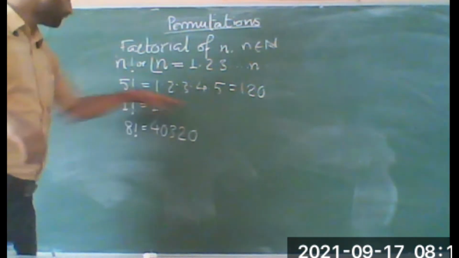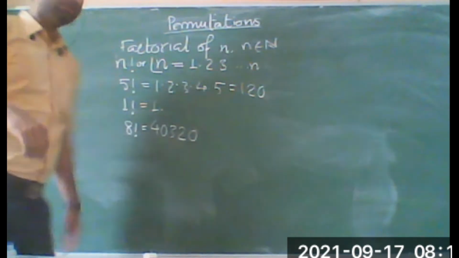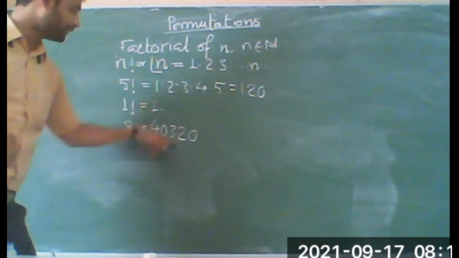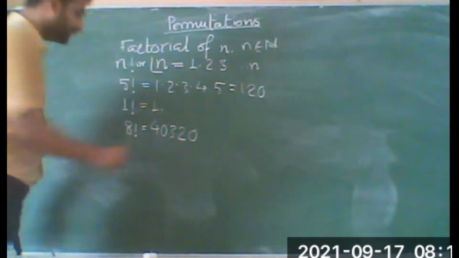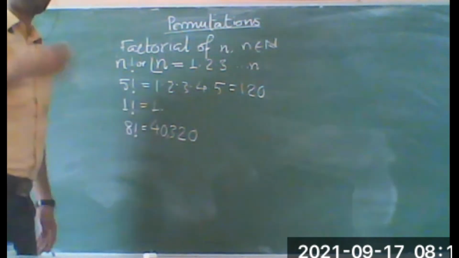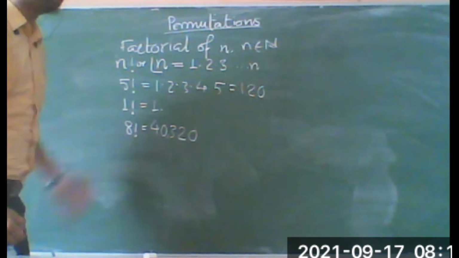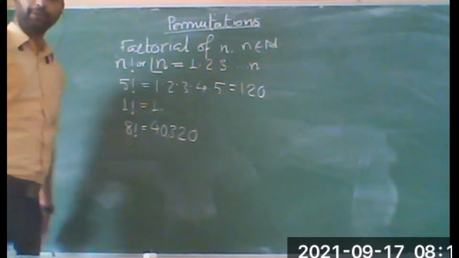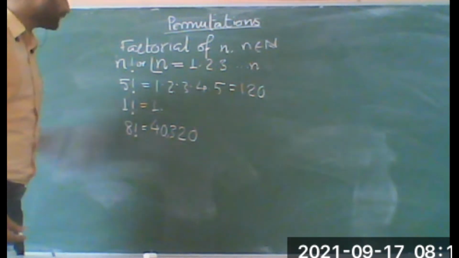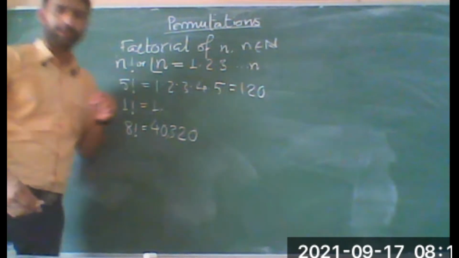Now you see one thing: 5 factorial is 120, and 8 factorial is 40320. That means you can think how fast the values are increasing. Factorial values increase very rapidly.